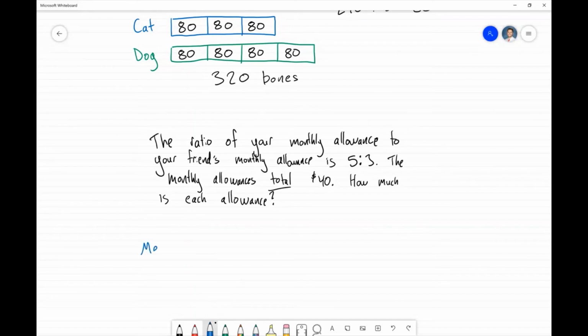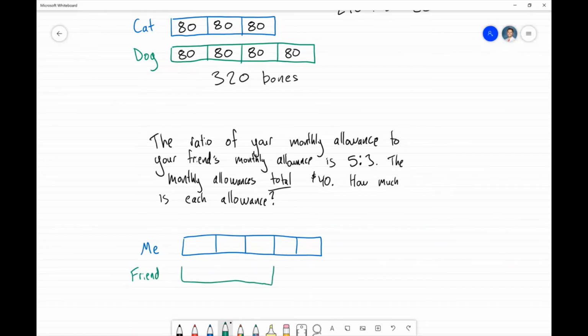So let's do me, I know those aren't perfect, but it'll work for now, and my friend. So we could look at our tape diagram here, and I can see that there are a total of 8 parts, right?